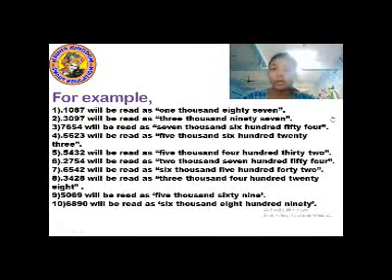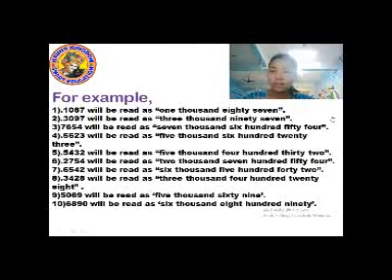The sixth example is the number 2754, which will be read as 2754.